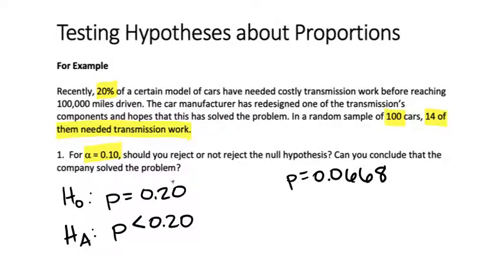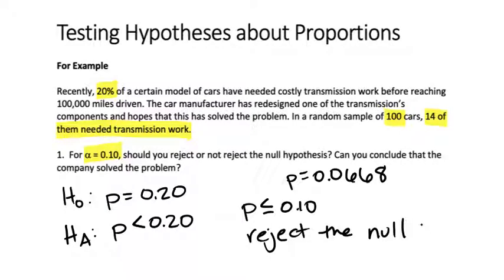So if I compare that to the 10%, this is 6.68%, that's less than alpha. And so if p is less than alpha, that means I reject the null hypothesis. This is the same rule that we saw for hypothesis testing about means.